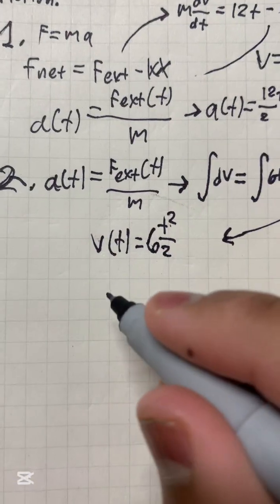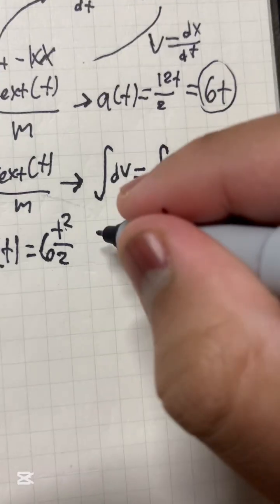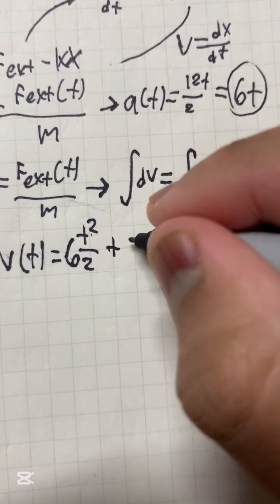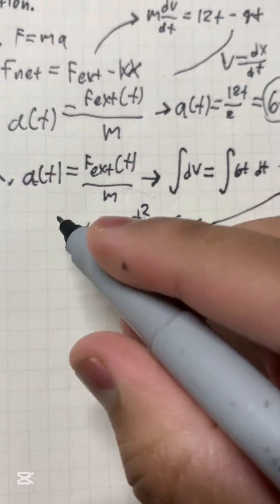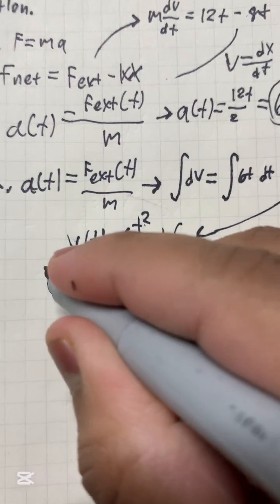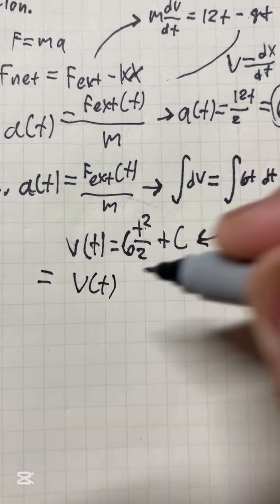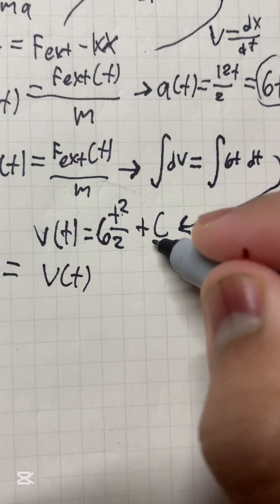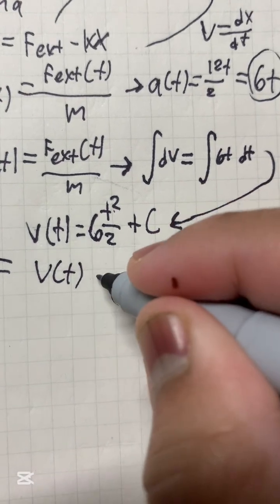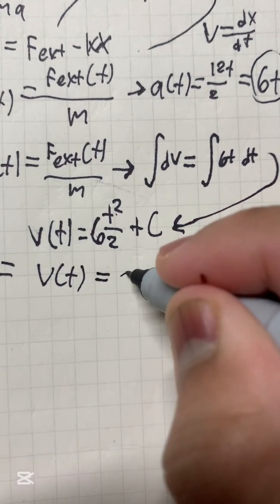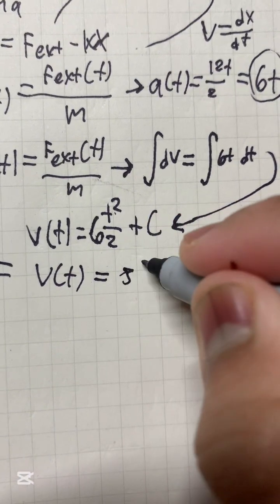I forgot to write the constant c. I always forget to do that when integrating. Anyway, simplify that. You should get 3t squared.